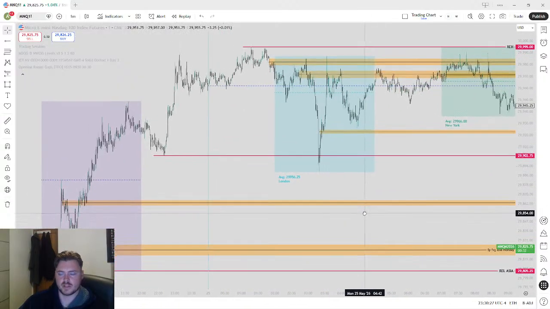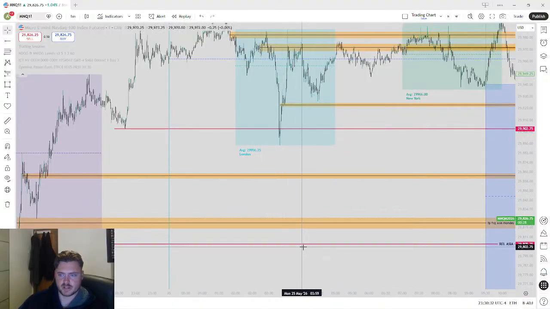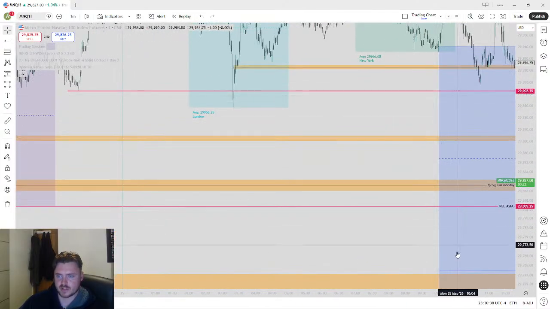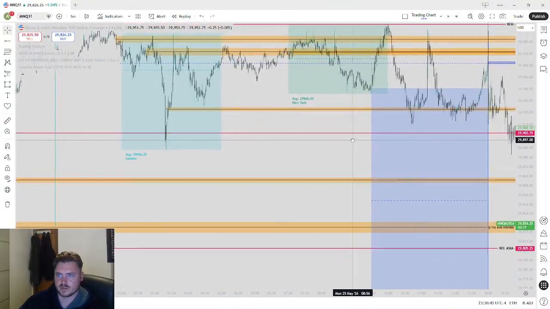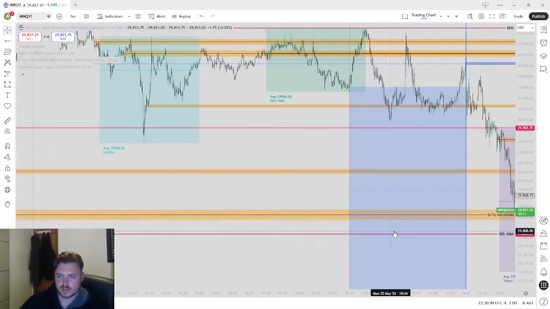If it's coming down, we're coming down to here, but that's so extended and we're bullish on the daily chart. And look how big that opening range gap is. And there's not much liquidity left to go. But I'll show you how I use that liquidity down here in Asia session.